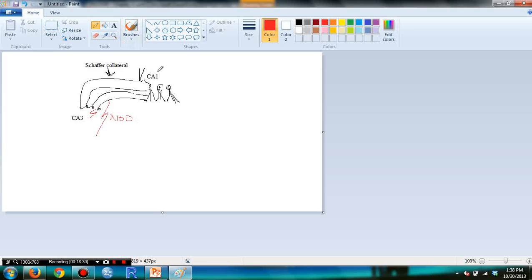This synapse becomes more efficient, right? But in addition, because this one was simultaneously presented with this big tetanus, this will also receive the benefit of LTP. So whatever input is simultaneous with that big input will receive LTP.